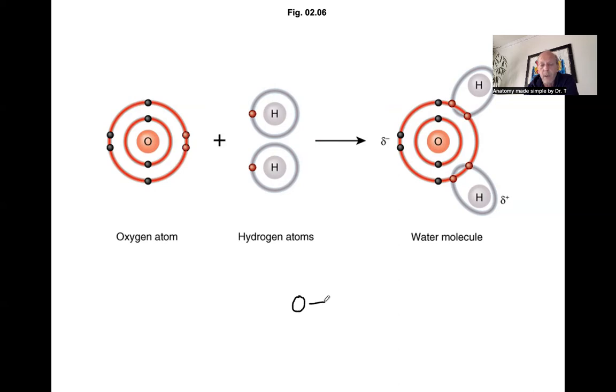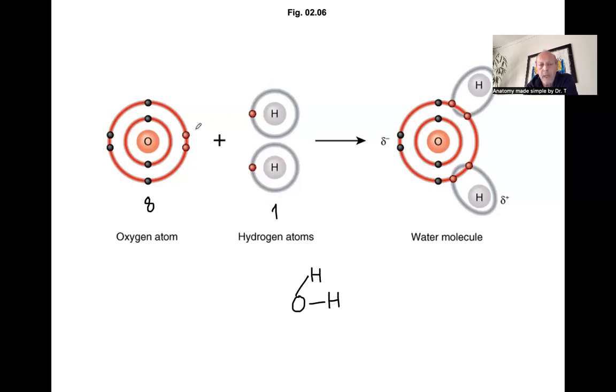A molecule of water can be illustrated as an atom of oxygen with individual covalent bonds binding 2 different hydrogen atoms. Now, what's happening here? The nucleus of the oxygen atom has 8 protons, while hydrogen atoms would only have 1.